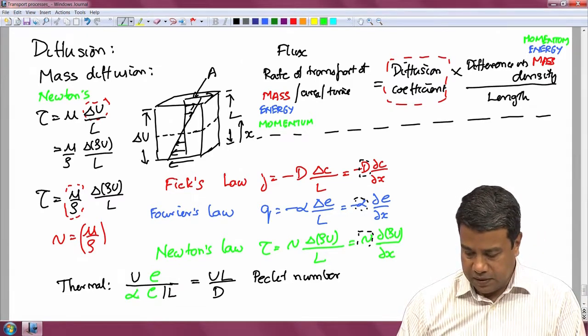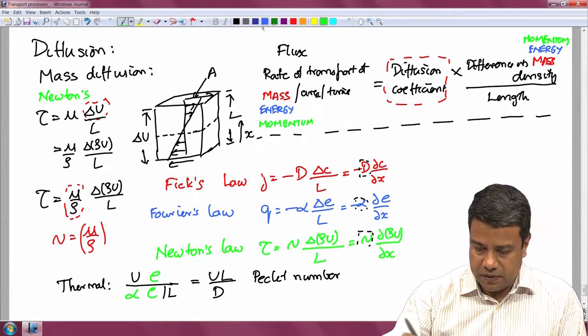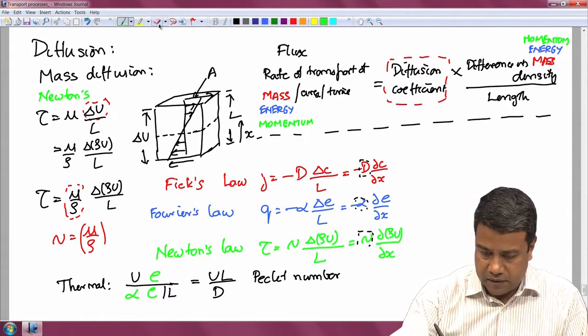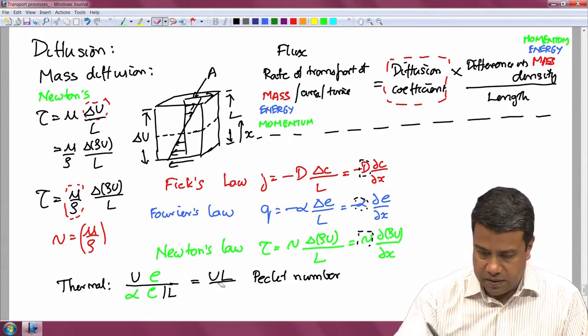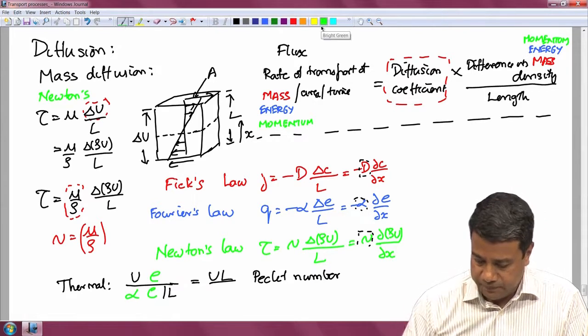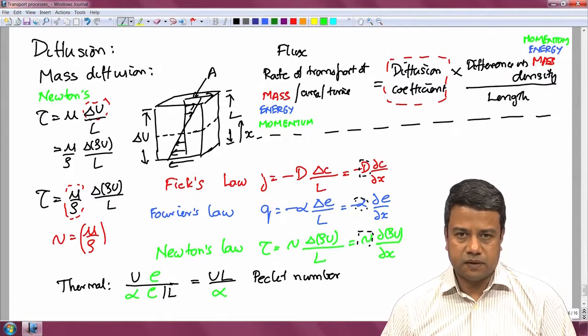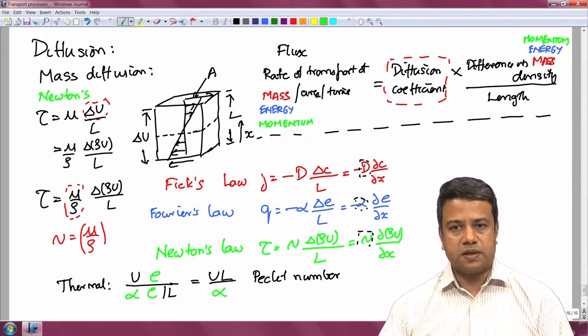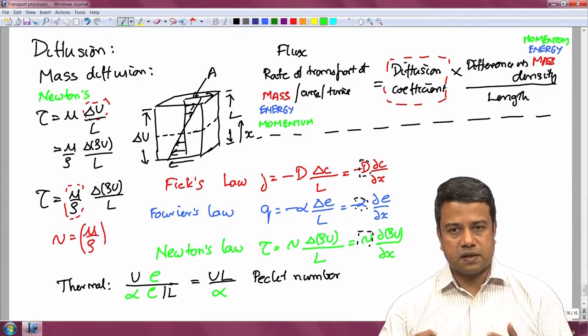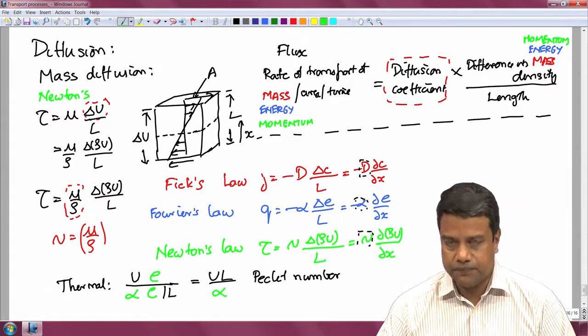And therefore, finally, instead of u L by d, I will just get u L by alpha. That is the Peclet number for thermal diffusion. So, these are the dimensionless numbers that are ratios of convection and diffusion.